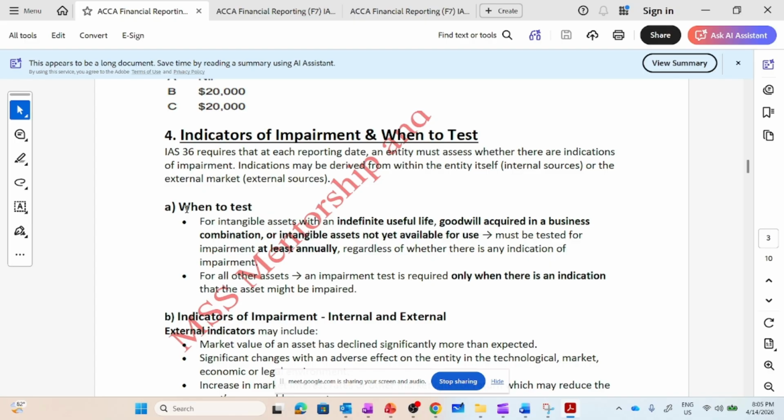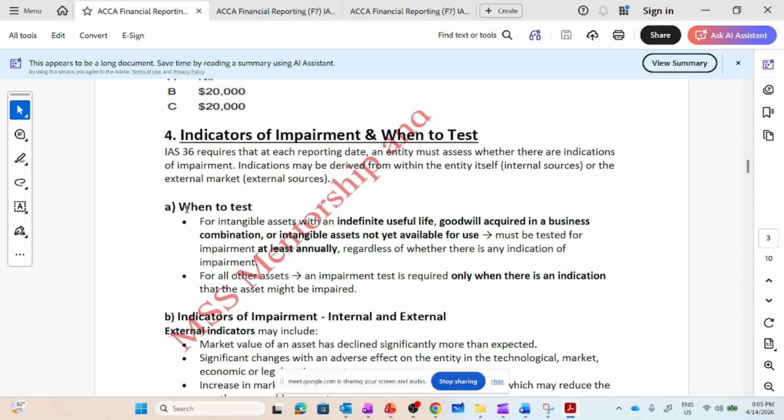Intangible assets with indefinite useful life, which we have covered, or goodwill acquired under a business combination according to IFRS 3, or an intangible asset not yet available for use. These three categories of assets must be tested for impairment at least annually.